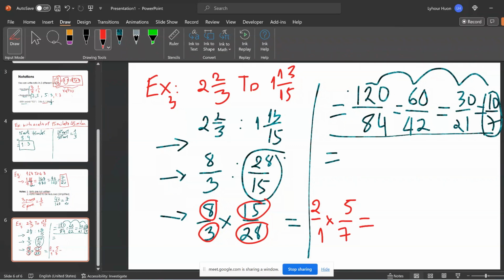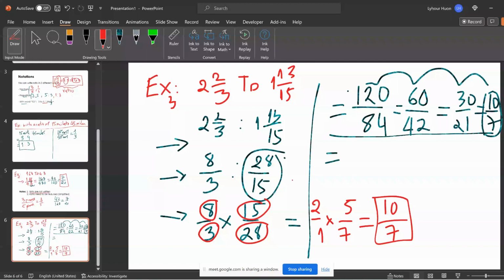So is that the butterfly method thing? It makes it faster. So now 2 times 5 is 10, the numerator. 1 times 7 is 7. 10 over 7, so this is the answer.